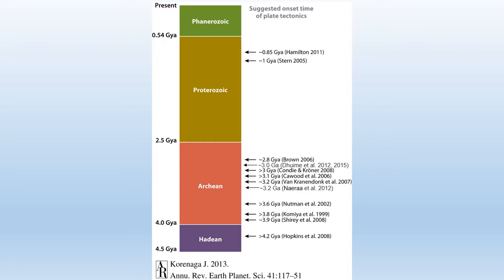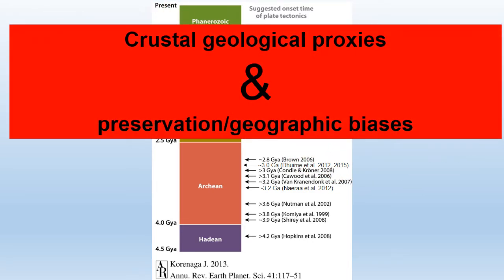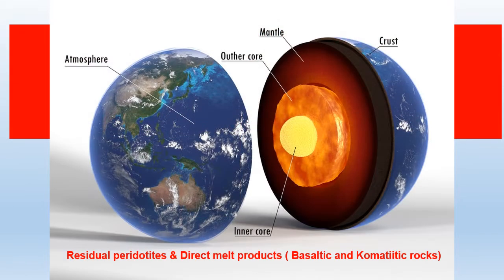But the main problem is that all this work mainly discusses crustal geochemical proxies like zircon, and some of this work, even when it works on the mantle, has preservation and geological bias, and little work gives attention to the mantle itself.